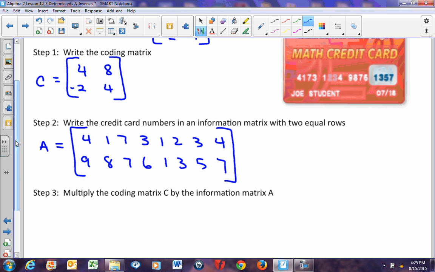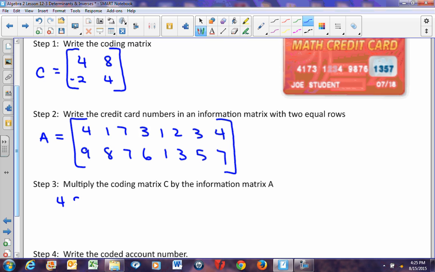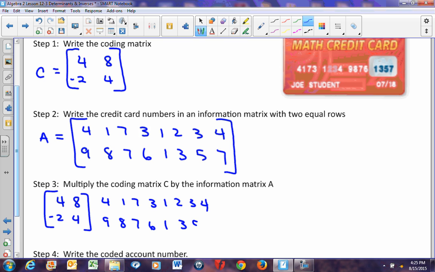You're going to multiply the coding matrix C by the information matrix A. And here's where having a calculator is so much easier than doing this by hand. So I'm going to take 4, 8, negative 2, 4, and multiply it by 4, 1, 7, 3, 1, 2, 3, 4, 9, 8, 7, 6, 1, 3, 5, 7.